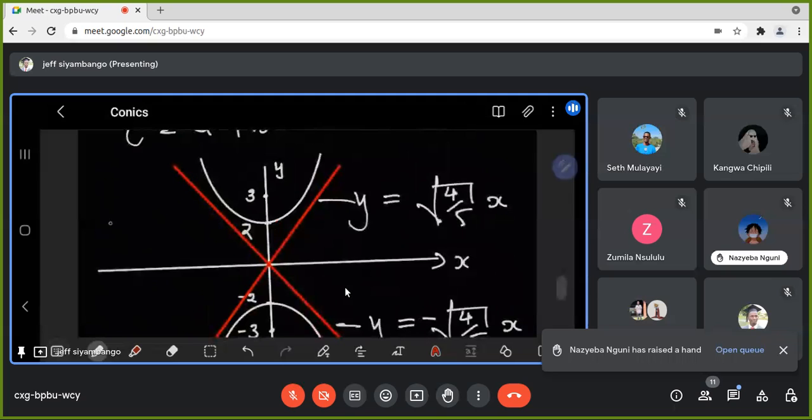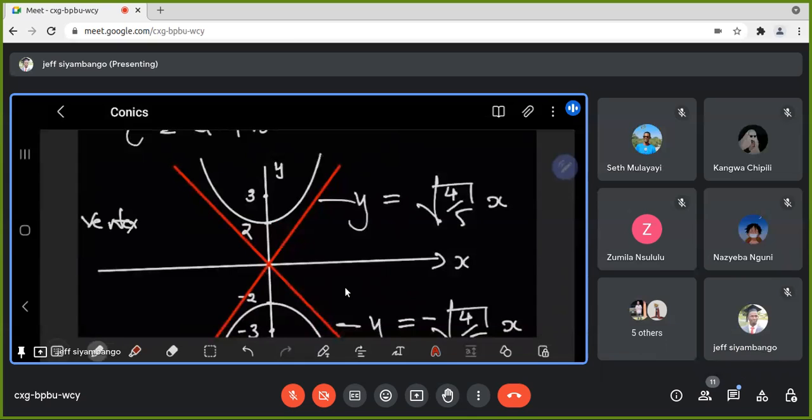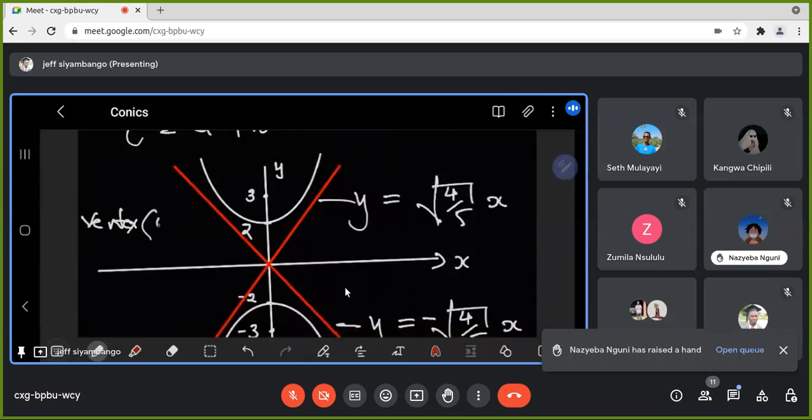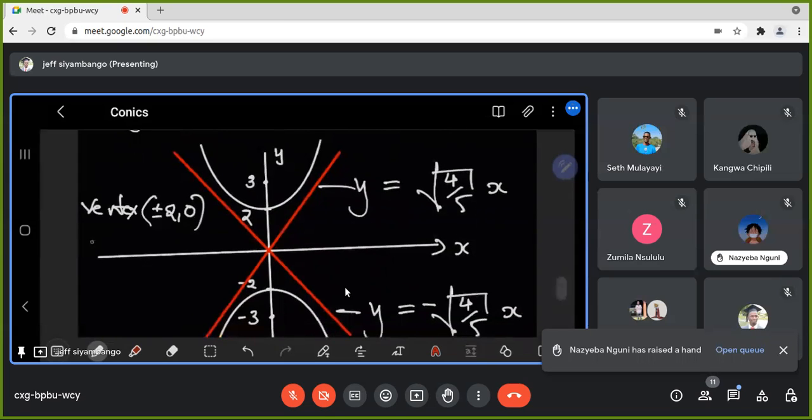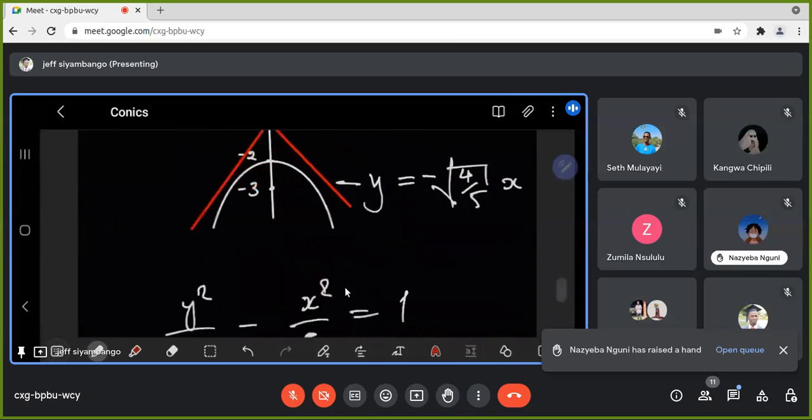Since they wanted the vertices, we have 2 of them, so I'll just use plus or minus 2, 0. Here it works. The foci, since again this is the origin, I have plus and -3, 0. That works. So that has been sorted out. Everything has been indicated.